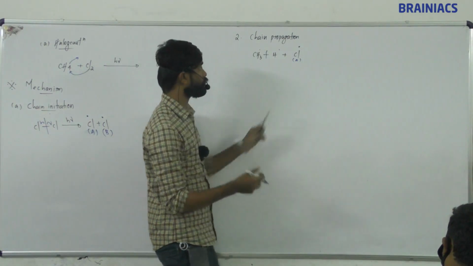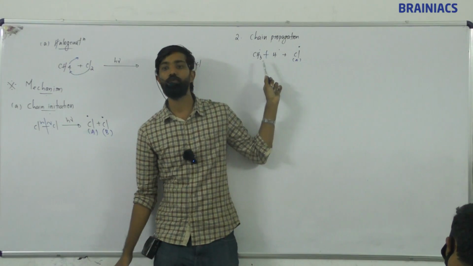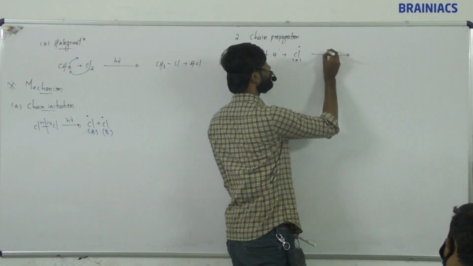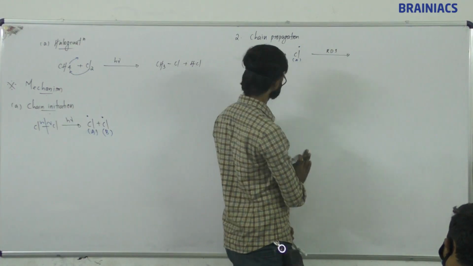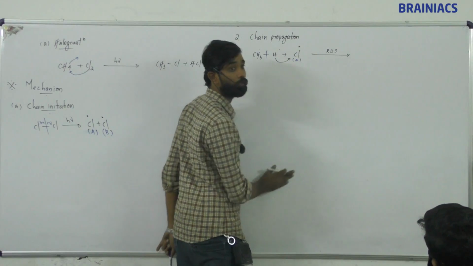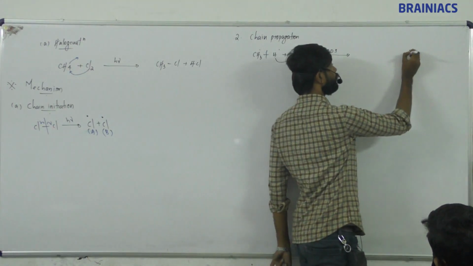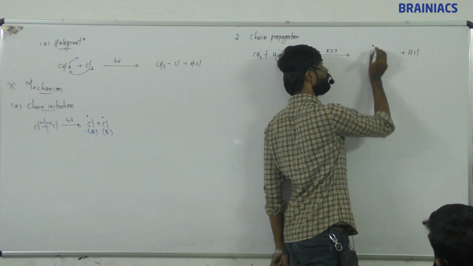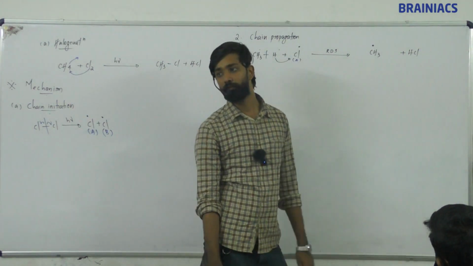In presence of this chlorine radical, your alkane undergoes homolysis, and this is the rate determining step. The hydrogen is taken by the chlorine radical to form HCl, and along with that there will be a methyl free radical.